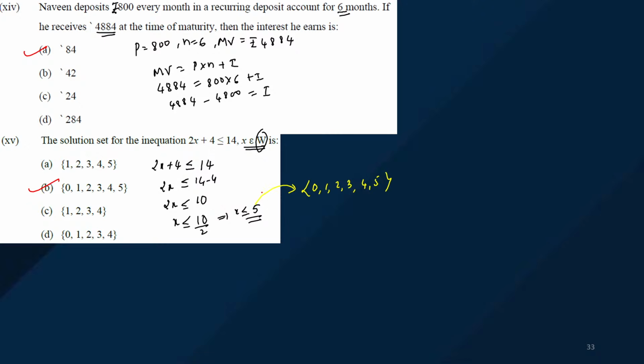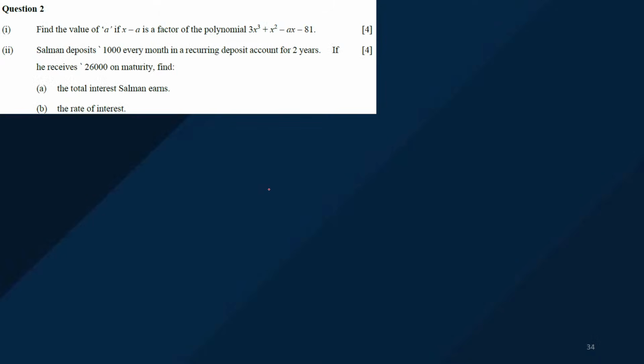Now let us move to the next question, that is section A only, question number 2. You need to understand that we are not only solving the MCQs, we are solving some subjective questions also. In the first question, it says: find the value of a if x minus a is a factor of the polynomial.